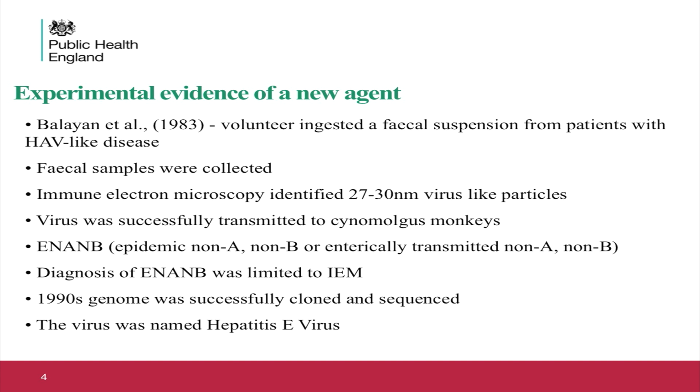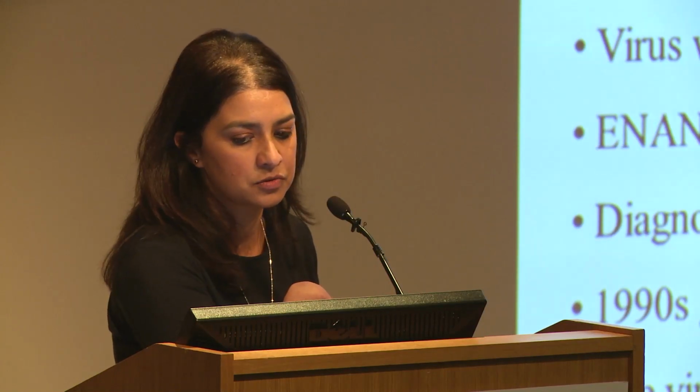So it was really the Russians who first gave experimental evidence of a new agent, and I think it was actually the lead author in this group who ingested a fecal suspension from patients who had a Hep A-like disease. He collected his own stool samples and then did a bit of immune electron microscopy and quite clearly showed evidence of 30-nanometer virus-like particles in his stool.